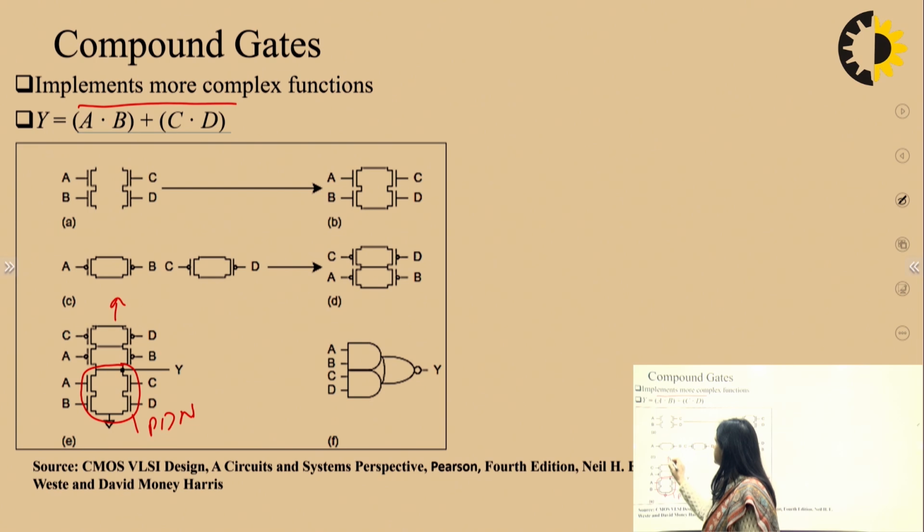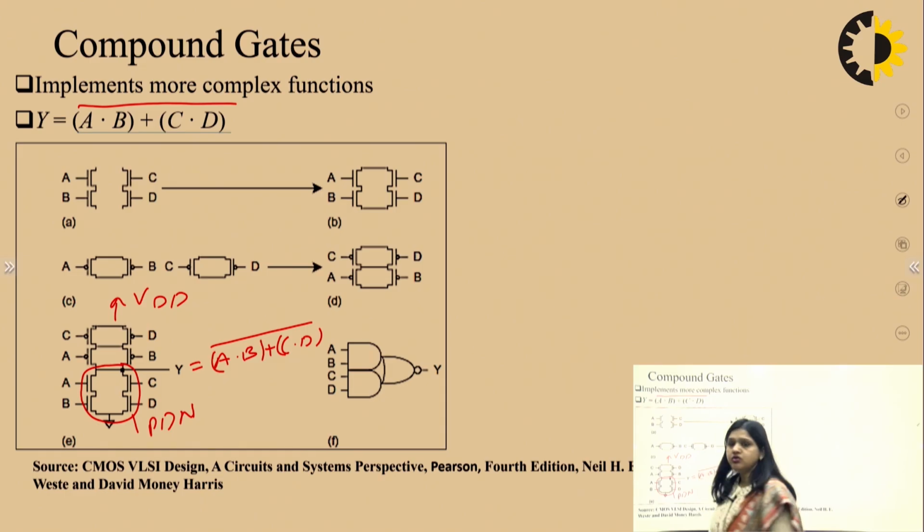PUN is just the dual of PDN, like A and B are in parallel, C and D are in parallel, and here these two are parallel, so here these two are in series. So this is how you can implement it. So here you will get A dot B plus C dot D whole bar. Now suppose this bar is not there, so you will get this whole complement.